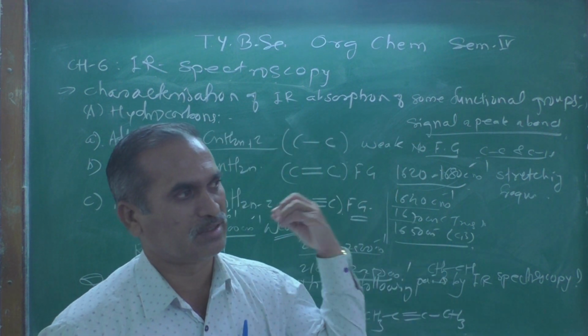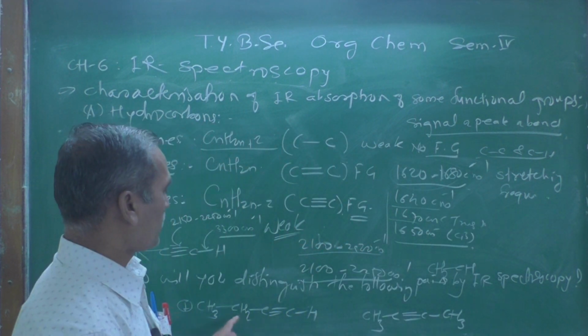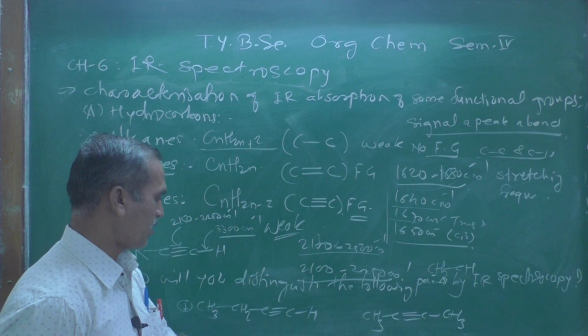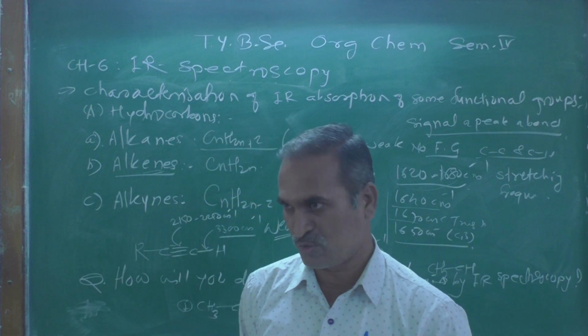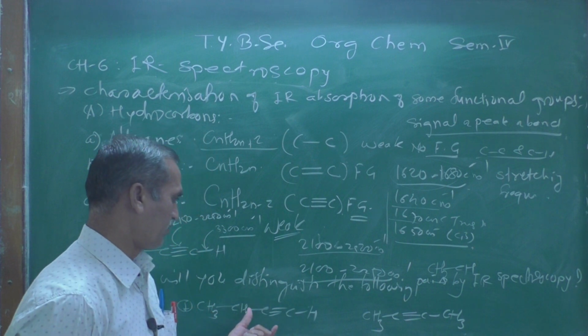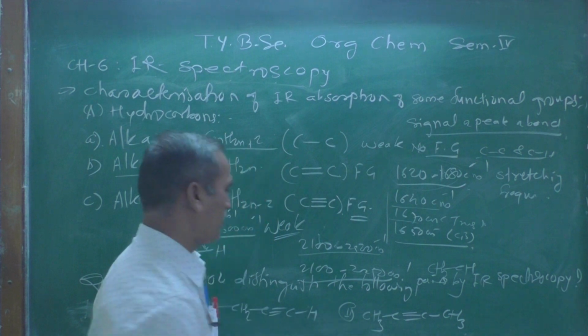So these are the kinds of structural isomers, but out of these, what do you think this type of isomer is? Positional isomerism. Remember this one. If you observe these two structures carefully, what do you see?